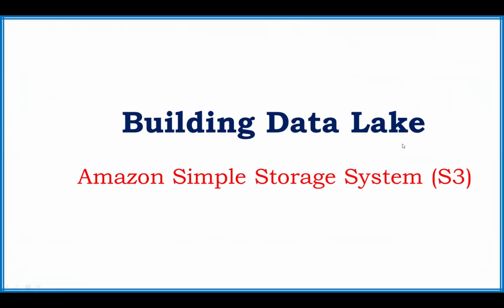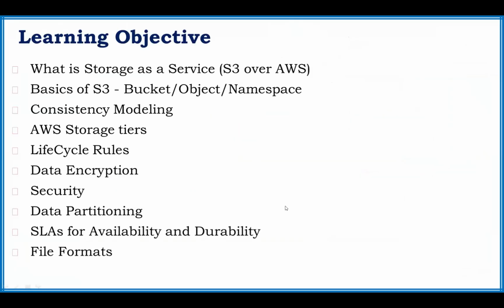We need to build a data lake with Amazon Simple Storage Service, S3. We're going to discuss storage as a service, basics of S3, consistency modeling, AWS storage tiers, lifecycle, and all this stuff.